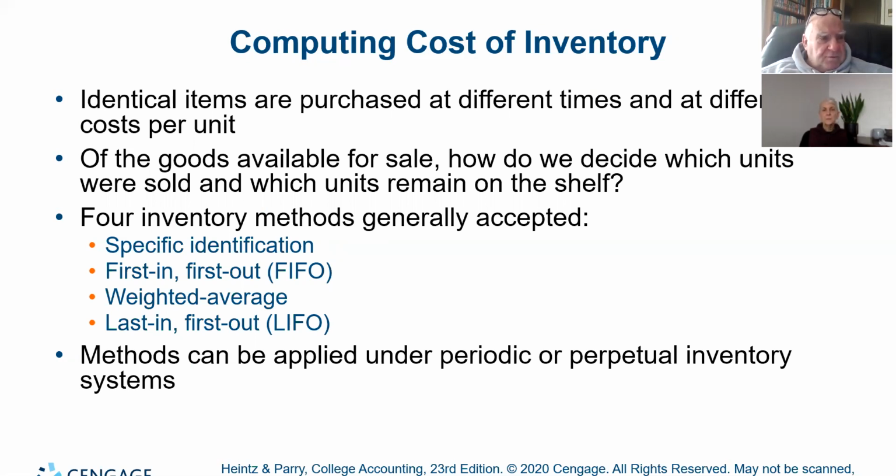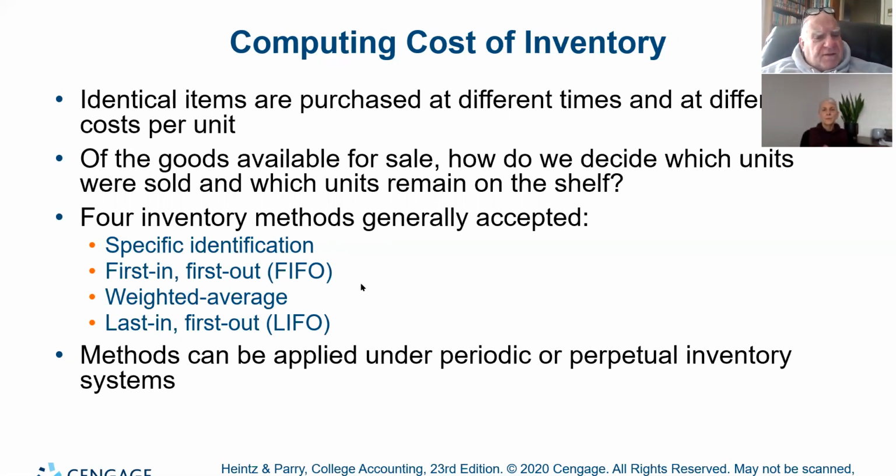First in, first out. Last in, first out is the opposite. You are pretending, and I'm using the word pretending deliberately, under LIFO that you're always selling the newest item you received at whatever that price is.